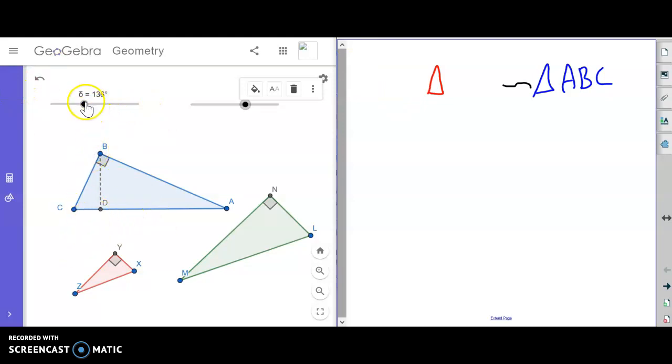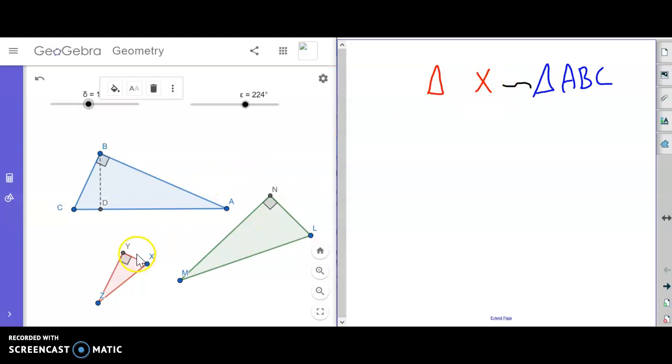First off, angle C, the last angle, if I rotate this back in, X fits exactly right in there. So I know that X is going to be my last one. Then Y is my right angle, and B is my right angle, so it matches with that middle one. And all that's left is Z. So ZYX is similar to ABC.